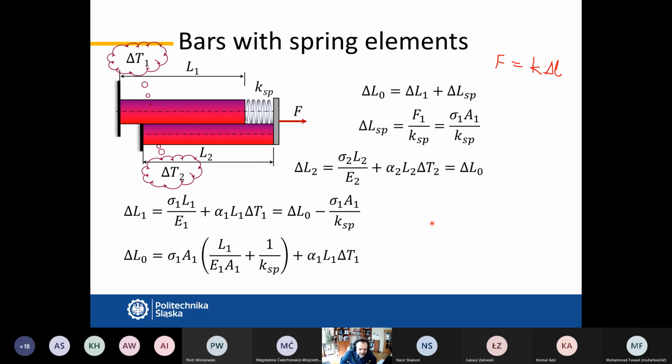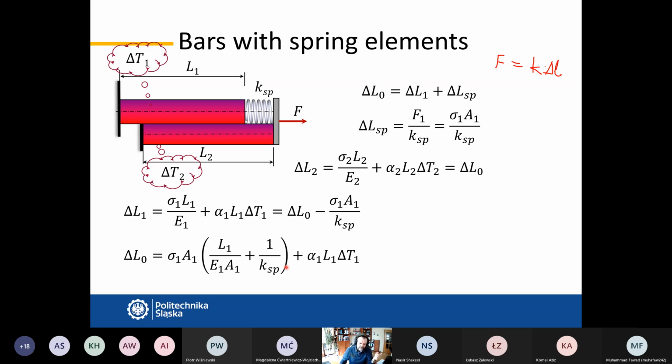So from here, delta L0 can be calculated as sigma 1 A1, the force in member number 1, and the same is the force which is in the spring. And we have here factors that result from the susceptibility to deformation of the spring. So this is 1 over K. And the same factor is calculated for the bar.